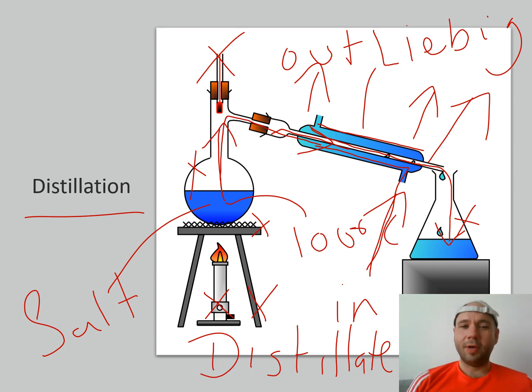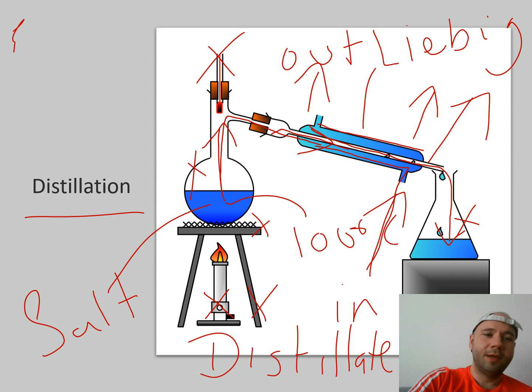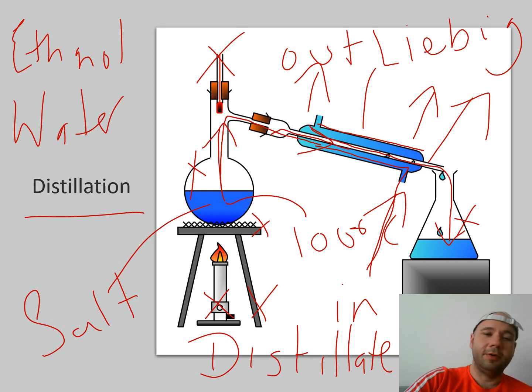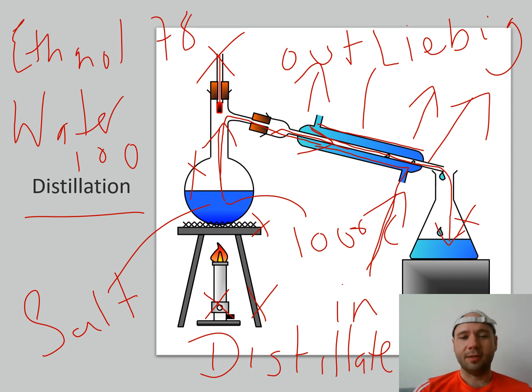Now, as well as separating a solution in distillation, we can separate a mixture of two solvents. So a good example of a mixture of two solvents would be ethanol and water. Now, the boiling point of water, we all know, is 100 degrees, and the boiling point of ethanol is 78.